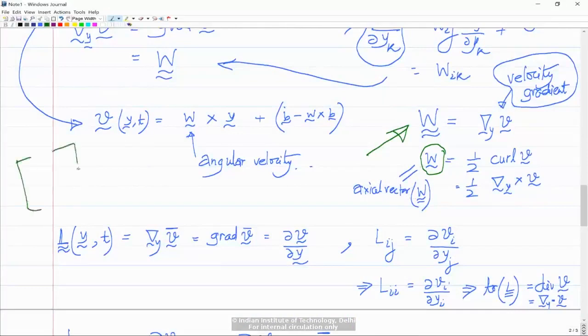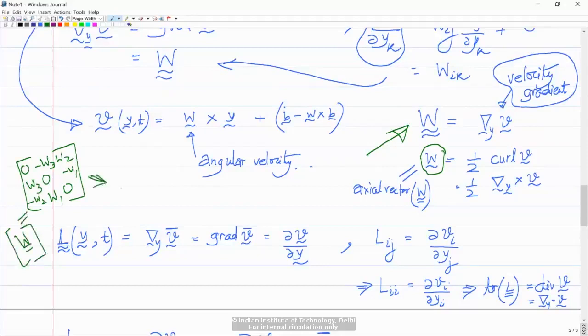If I write big W as 0, minus W3, W2, then W3, 0, minus W1, then minus W2, W1, 0. Sorry, this is minus W1, this is minus W2, and this is W3. So that is your big W tensor.